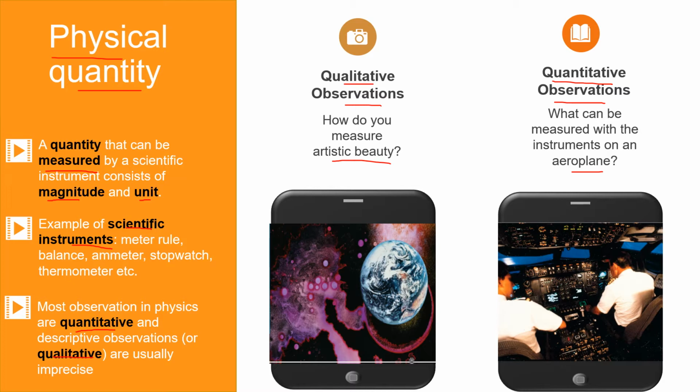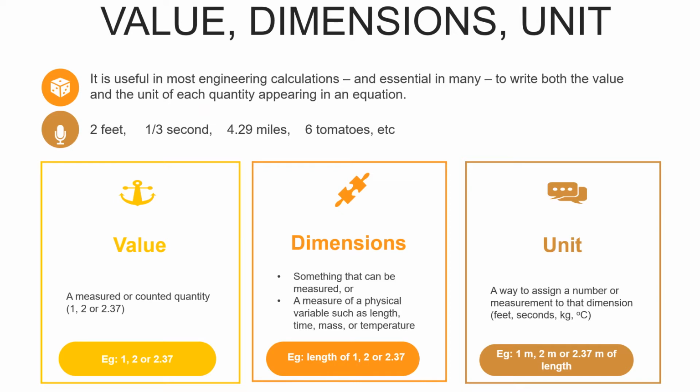So dekat fuel meter tu dia akan tunjukkan berapa kita punya amount of fuel dalam kita punya aeroplane tersebut. Ataupun mungkin juga dia ada ammeter di mana dia boleh mengukur dia punya current in the aeroplane. Okay, these are the two types of observation in the physical quantity.